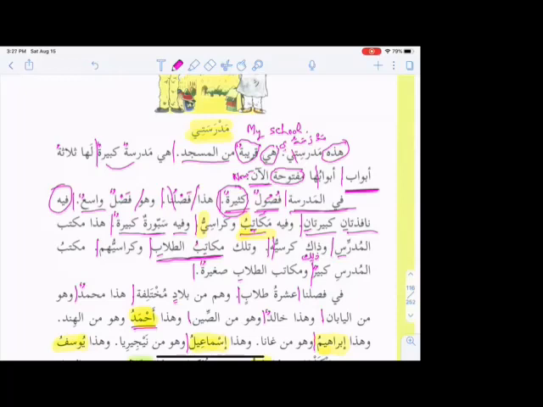And those, we will say those are students' desks and their chairs. Karasiju hum. Chair. Maktabul mudarrisi kabirun. The desk of the teacher is very big. Wa makatibu tullabi sagiratun. And the desks, plural, of the students, sagiratun, again, kullu jama muannas.